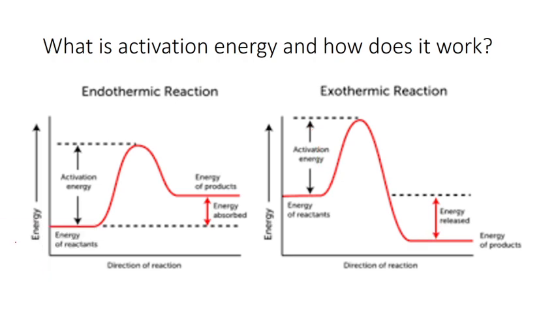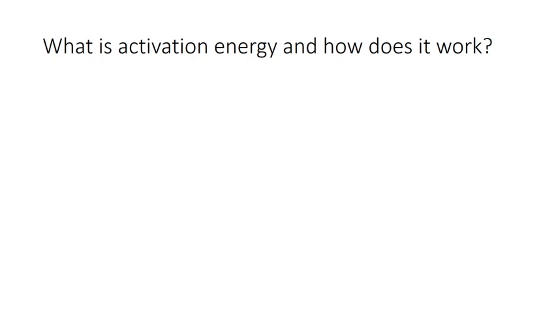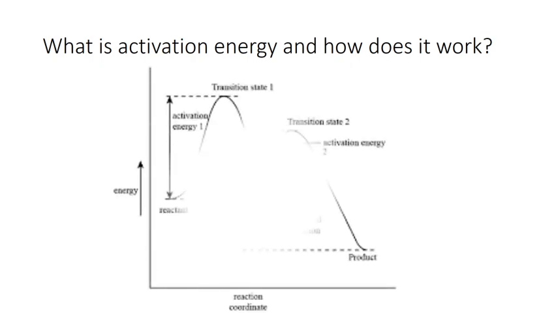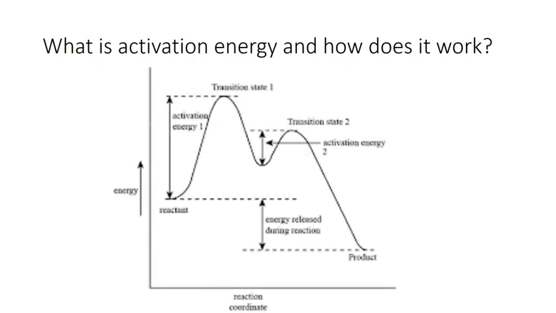And then if you think back to the previous videos where we talked about reaction mechanisms and intermediates, and reaction pathways, often there is more than one activation energy for a process.